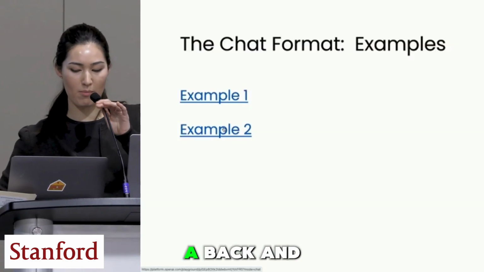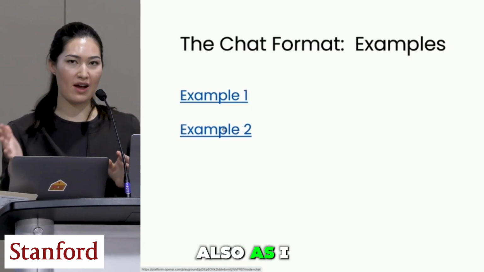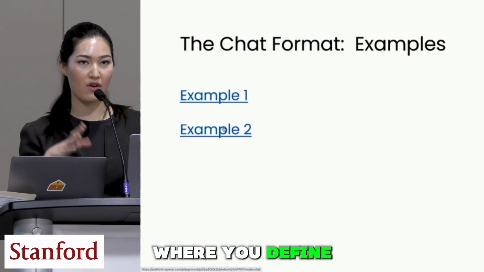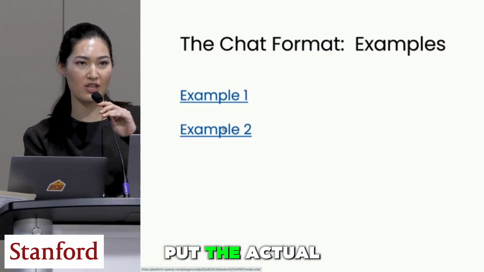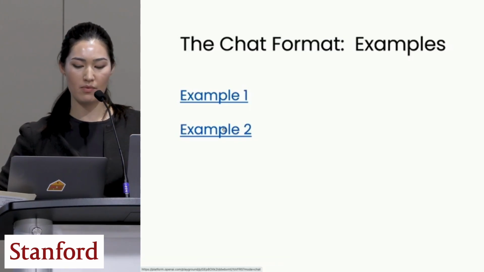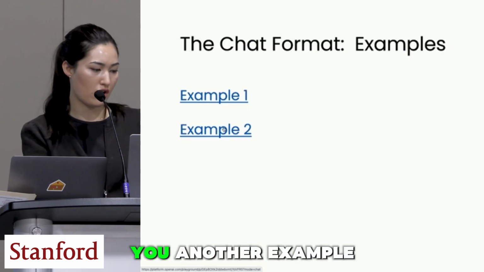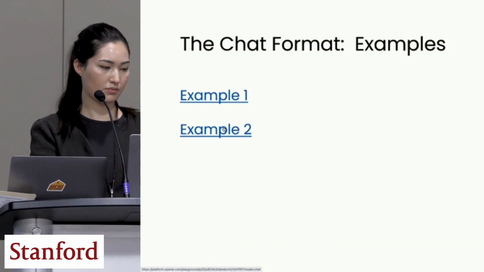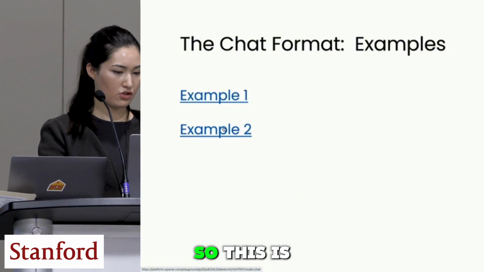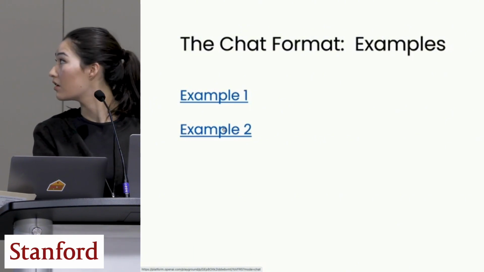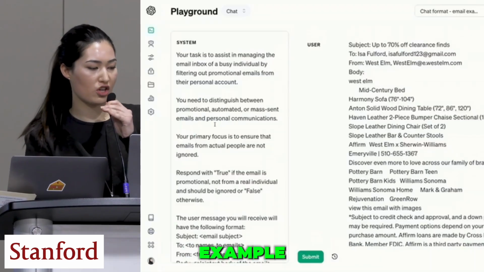So that was an example of a back and forth conversation, but you can also, as I mentioned, use a model to complete an individual task where you define the task in the system message and then you put the actual input of the task in the first user message. So I'll show you another example. This is a slightly longer example.